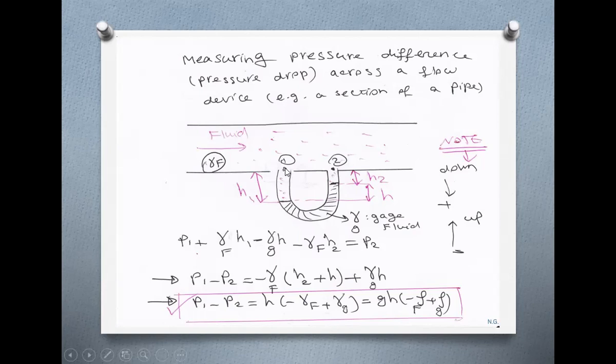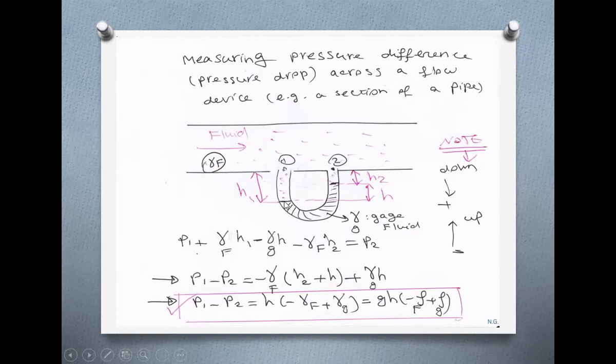So it's P1, and then you go down, it's plus because pressure increases. By how much? By this distance, which is H1, multiplied by gamma 1. Gamma 1 is the specific weight of this fluid, which is the fluid inside the pipe, F for fluid.